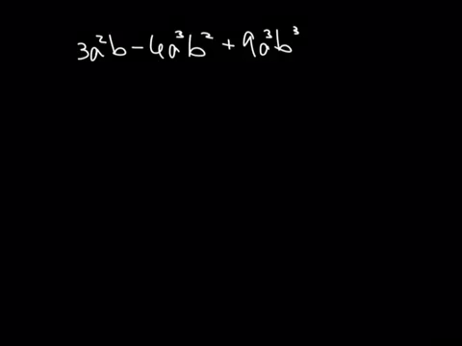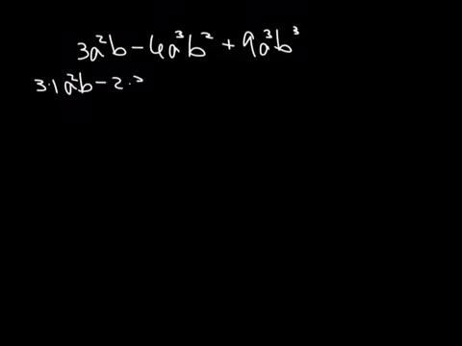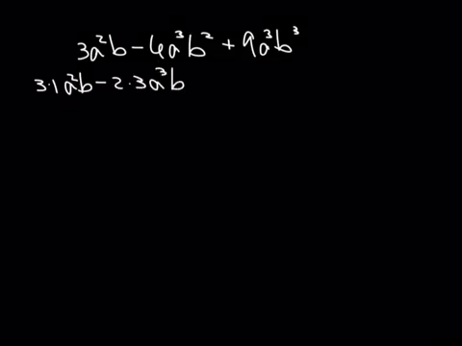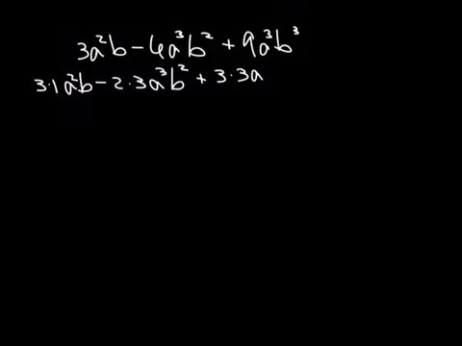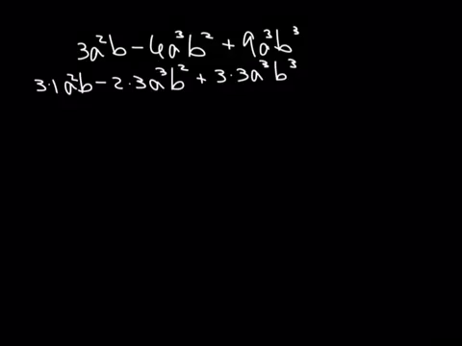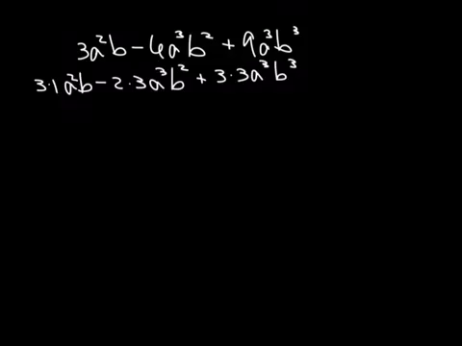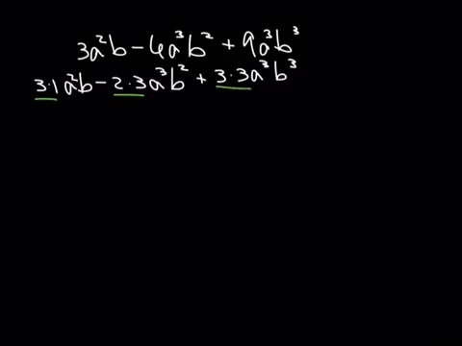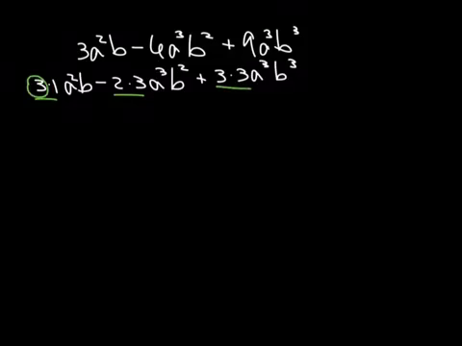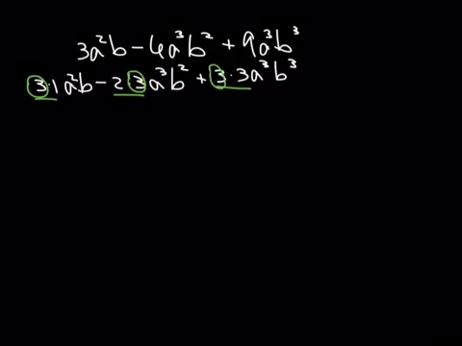So again, I'm going to write this as 3 times 1. And you'll probably get to a point where you don't need to do all of this, where you can just look at the 3, the 6, and the 9 and be like, oh yeah, 3 goes into all of those, and you'll be good. But to begin with, it's kind of a good idea to write your prime factors there. And then I can say, oh, I have a 3 common here, here, and here.